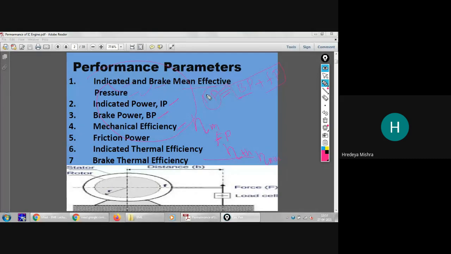So IP is the total generated power in the expansion stroke or the thermal stroke. And brake power is that energy which is utilized to move the vehicle.